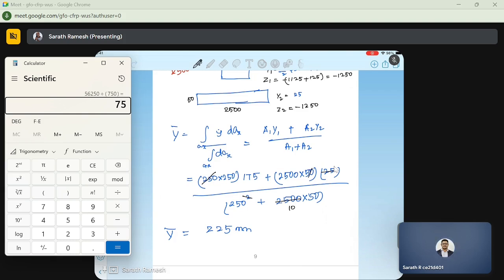75. Okay, there is an error in this. So this is 75.